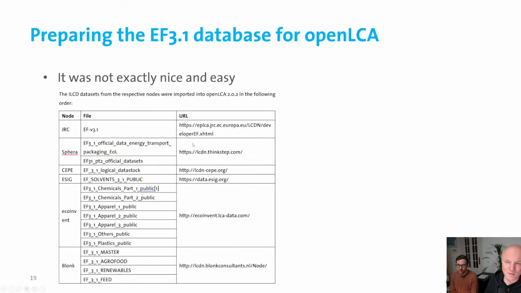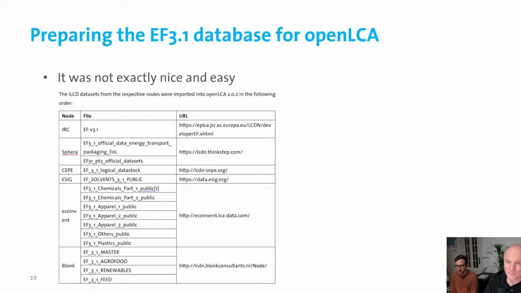Here again, it's a bit of repetition. We took the data sets from the different nodes, but what is new here is that, because of this appearance of duplicate ID numbers, the sequence mattered. So we got different results depending on where we started to import data set packages from. The idea is in the end quite logical.